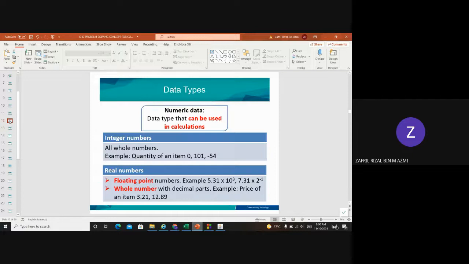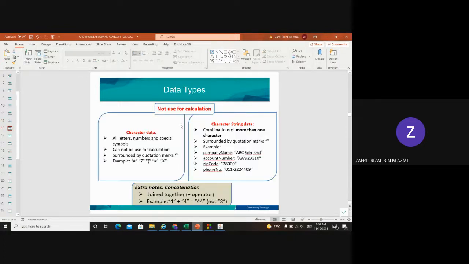I think I have to explain about this first, before we go to the types of variable. This is again an example of integer and real. Integer can be positive or negative without the floating point. A real number must have a point, a floating point number.